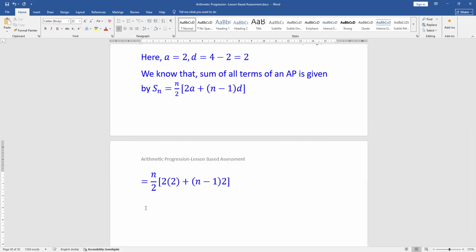Next step. So again here n by 2 stays as it is. After that, here 2 2s are 4. So I write the bracket first: 2 2s is 4 plus n minus 1 into 2. Look, this is the distributive property. n into 2 is 2n here. Minus 2, bracket close. Okay.